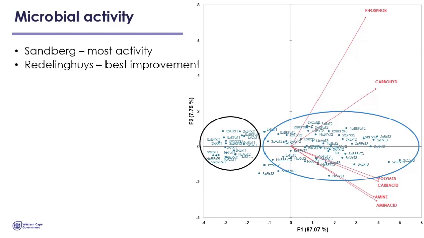The improvement over time was the best at the Redlinghuis site, and specifically in the treatments with brush packing, perhaps due to more organic matter in the soil and more plants compared to the other treatments at this site. This increase in the soil microbial diversity is an indication of an overall improvement in soil health.